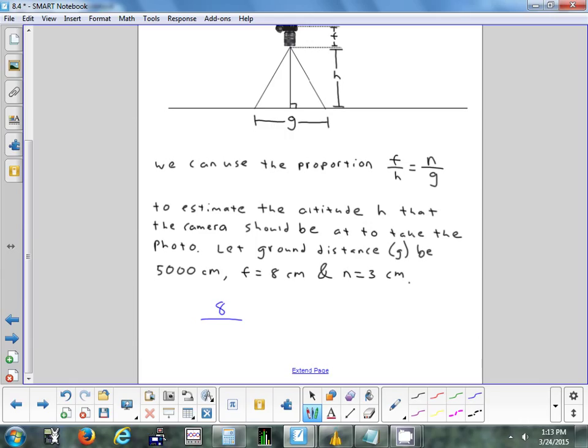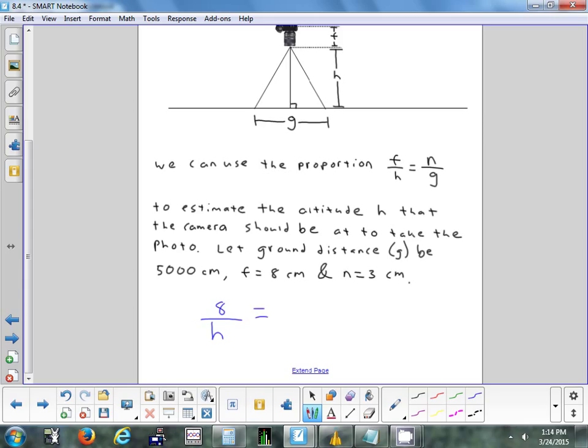Are we trying to figure out how far away the camera is from the ground? From the lens of the camera to the ground. So we don't know H. Exactly. We don't know H.